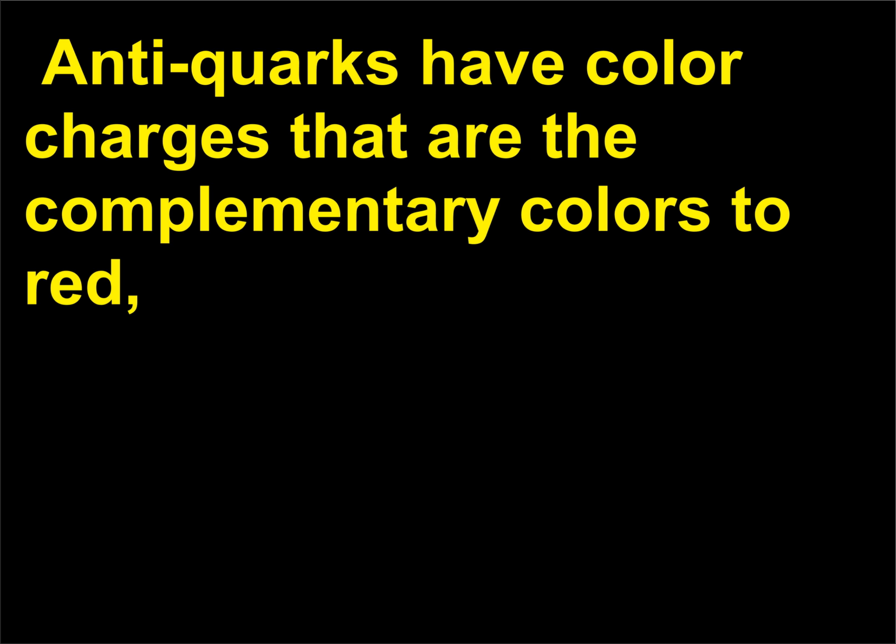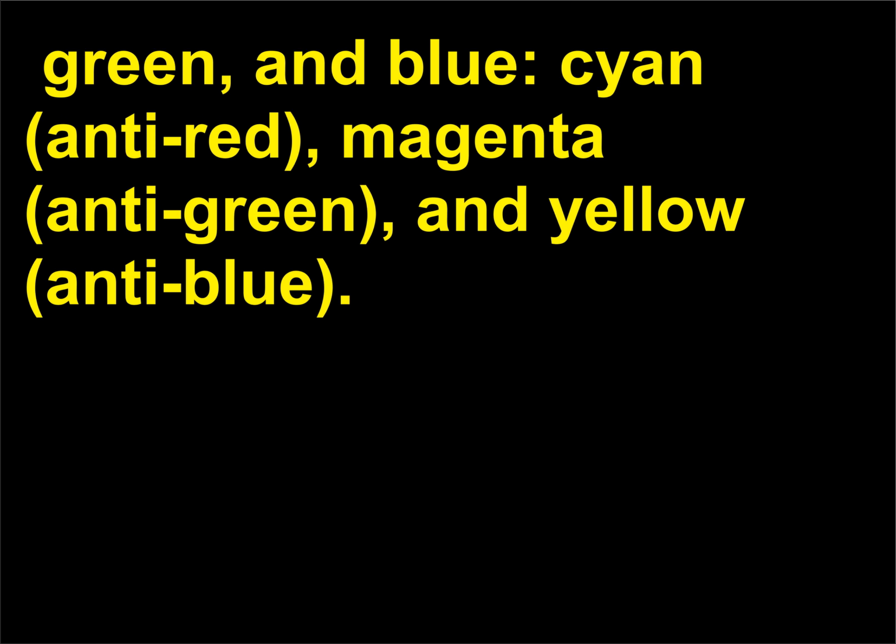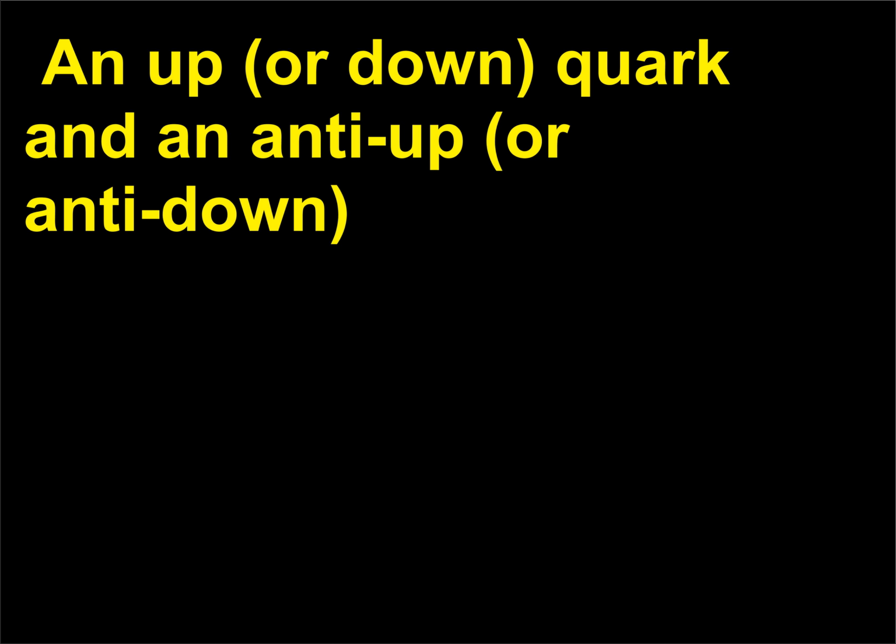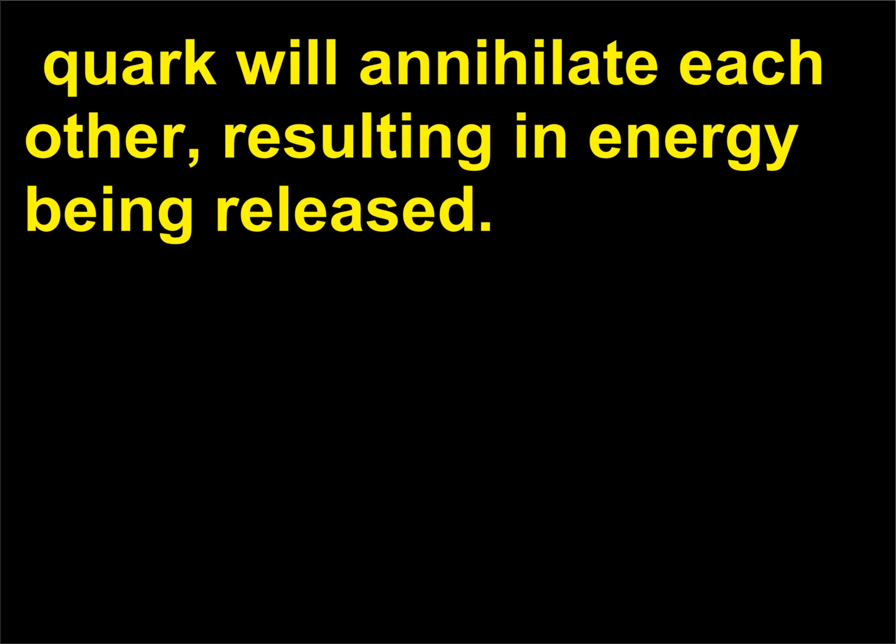Antiquarks have color charges that are the complementary colors to red, green, and blue: cyan, anti-red; magenta, anti-green; and yellow, anti-blue. An up, or down, quark and an anti-up, or anti-down, quark will annihilate each other, resulting in energy being released.